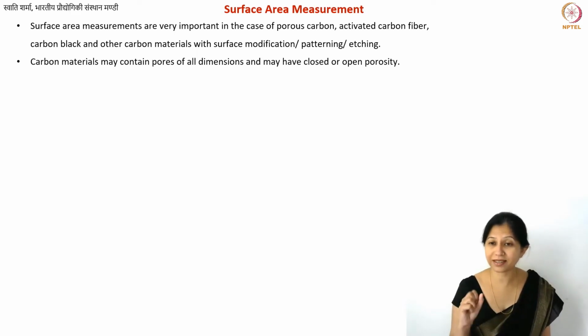It also depends on the physical structure of the material. For example, are you activating carbon fibers, something in bulk, or a well patterned micro or nano scale structure? It will always have a different pattern of porosity altogether.